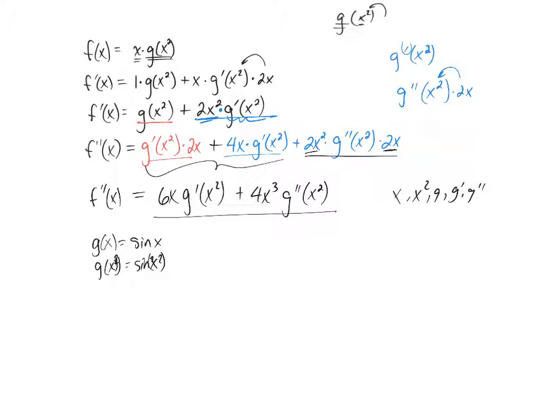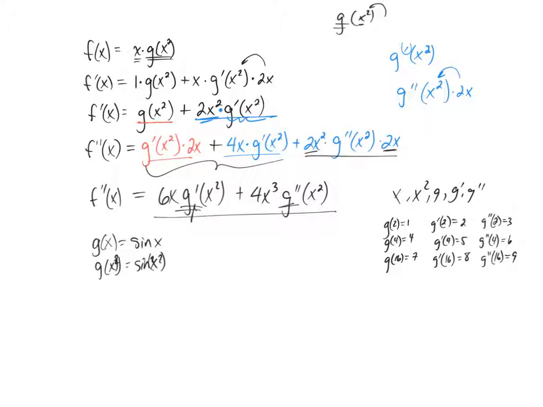You could imagine plugging in the derivative of g, that g prime, which would be cosine, and the second derivative, which would be negative sine, and I think you'd realize you get the same answer.